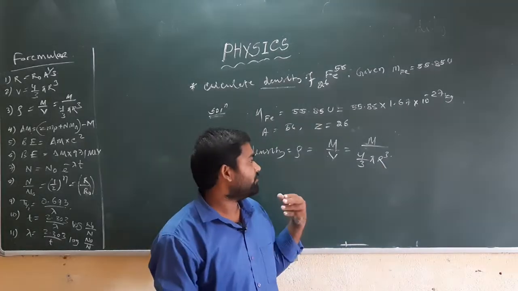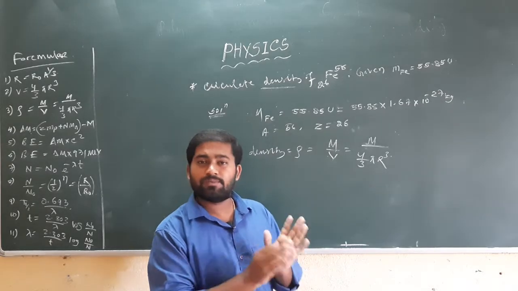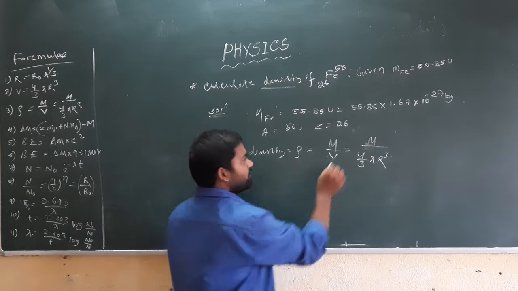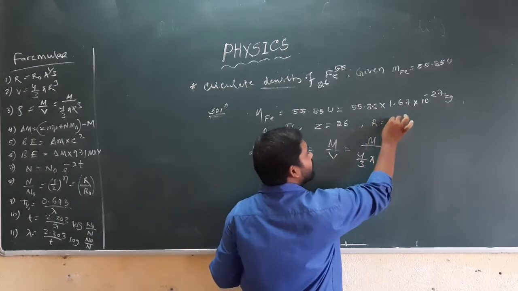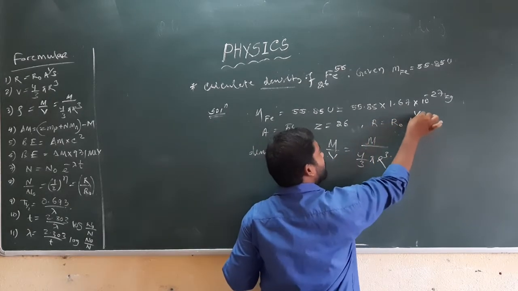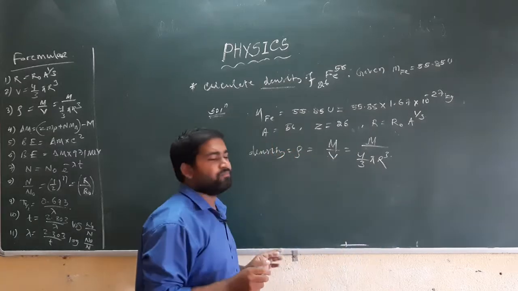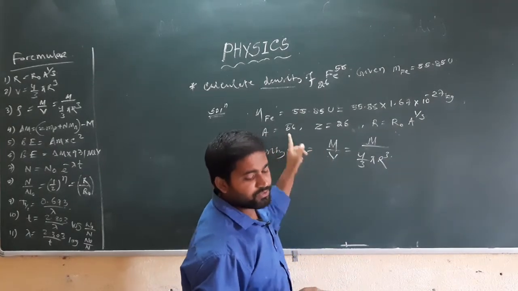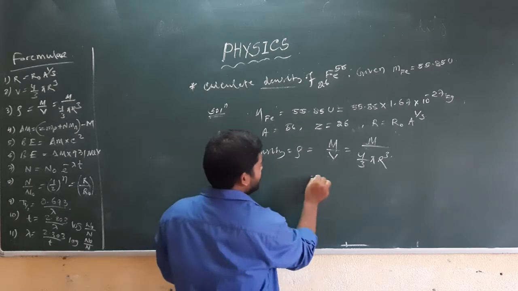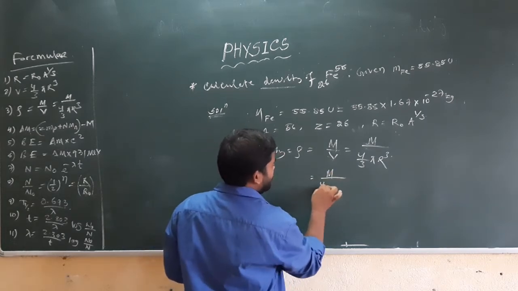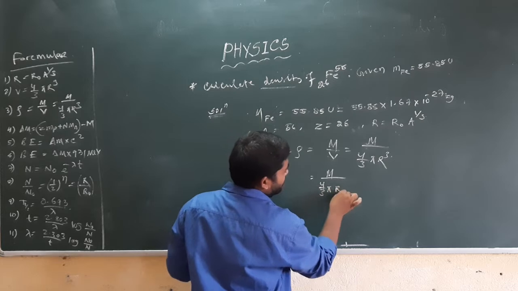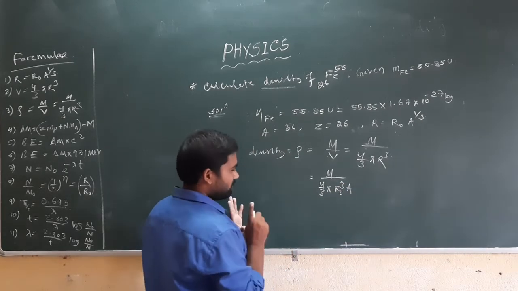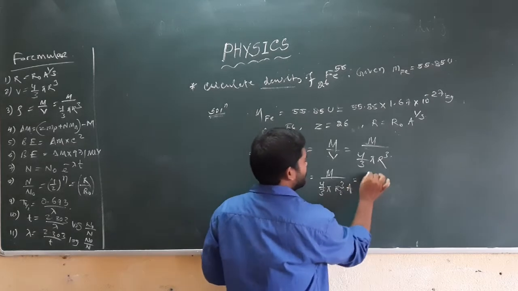When the radius is not given but we have to calculate the density, how can one find the radius? We know the general formula r = r0 A^(1/3), and here the value of A is 56. So you can use the standard formula: rho = m divided by 4/3 pi r0 cube A.